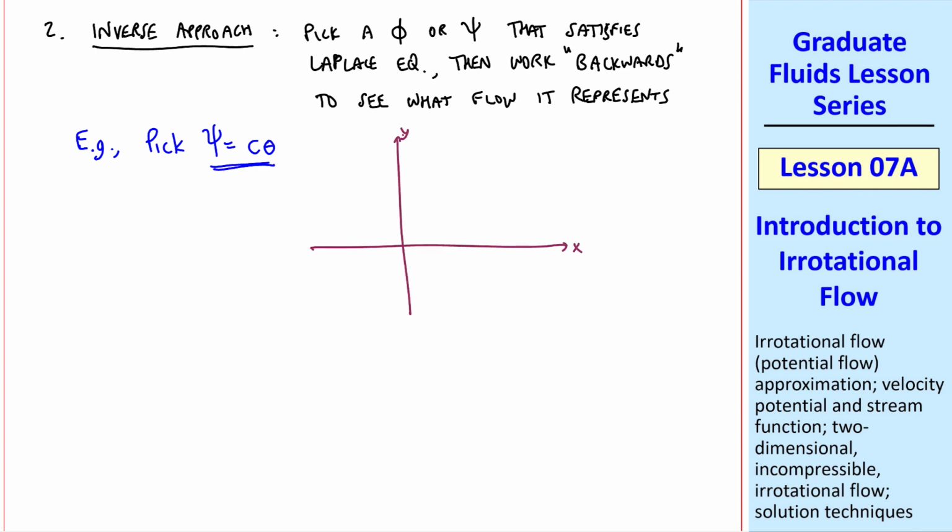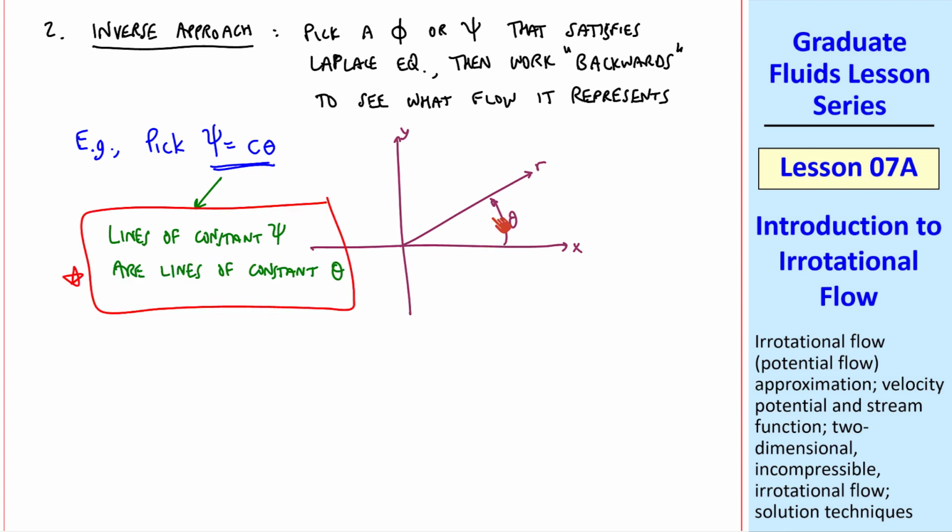Well, in our 2D plane, and since we're using cylindrical coordinates, we use the r theta coordinate system. What do the streamlines look like? Well, we see that if psi is constant, which it is along a streamline, for some constant c, psi is just a constant times theta. In other words, lines of constant psi are lines of constant theta.